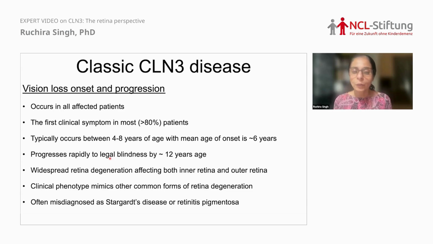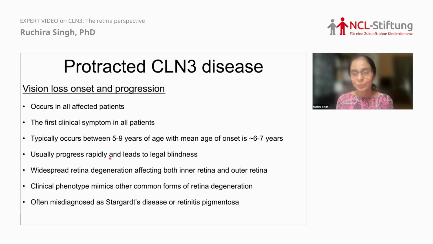The clinical phenotype can mimic other common forms of retina degeneration, especially early on. If you don't have a family history of the disease, the ophthalmologist would be more inclined to think you have Stargardt's disease or retinitis pigmentosa, given the really early onset of the disease, because some aspects of CLN3 disease retina pathology seem to mimic these more common retinal degenerative diseases.